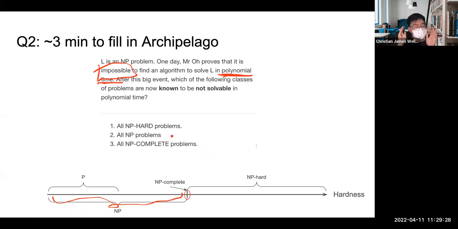Okay, so give it a quick thought. No need to fill in Archipelago. I think I wrongly set it up. Okay, it's a multiple response. So I'll resume at 11:30. But first of all, any questions about the question? Is the question confusing?